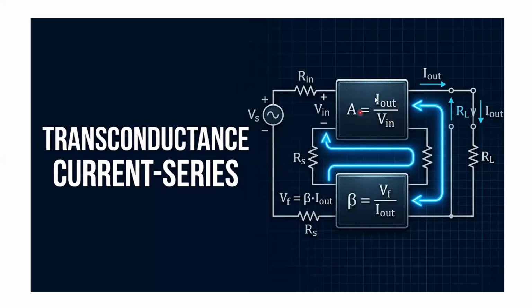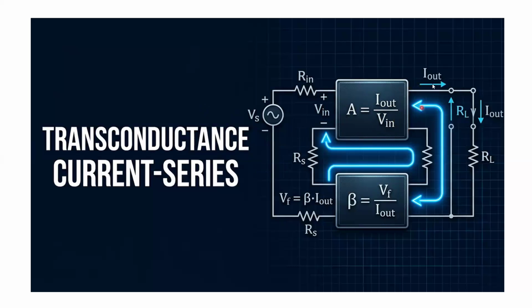Because it is I out divided by V in, the gain of this block is a transconductance, the ratio of output current divided by the input voltage. And it is also called current series feedback. Why?